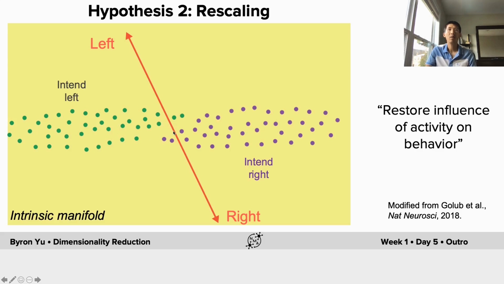But now with this mapping, if you think about the projection of neural activity onto this mapping, changes in neural activity along the horizontal axis will only have a small effect on where the cursor goes. So under this hypothesis, neural activity scales up in this horizontal direction so that the variance of the projection of the activity onto this axis is the same as before. This is by analogy to visual motor gain adaptation.